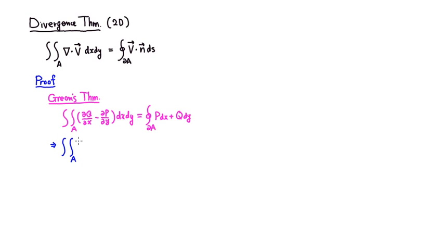I'm going to write it with a partial with respect to x and a partial with respect to y. Partial with respect to x is applied to Q, so we put Q here. And partial with respect to y is applied to negative P, so we put negative P there. All right, so we can rewrite it this way.